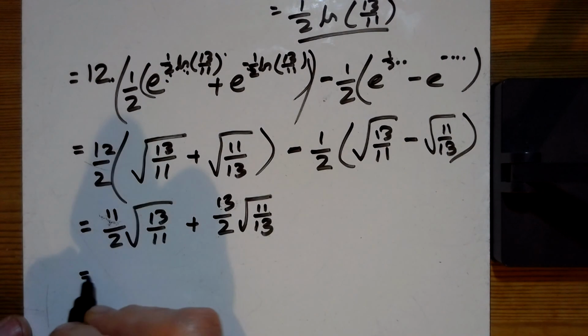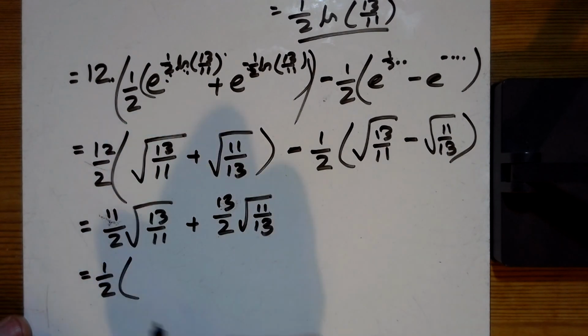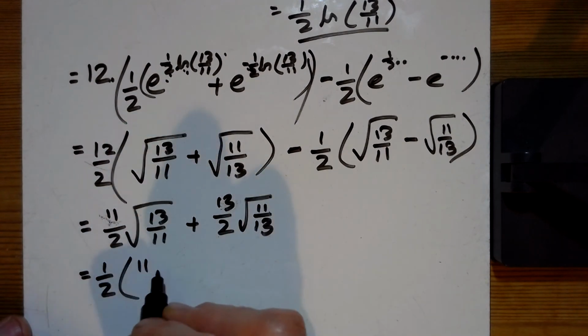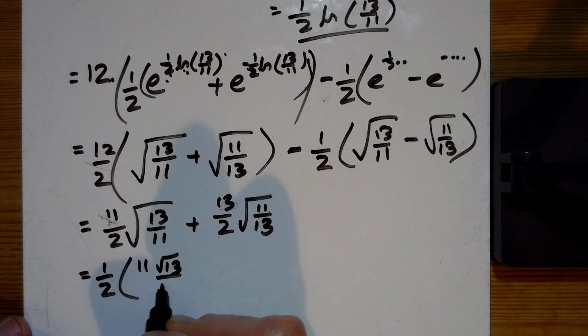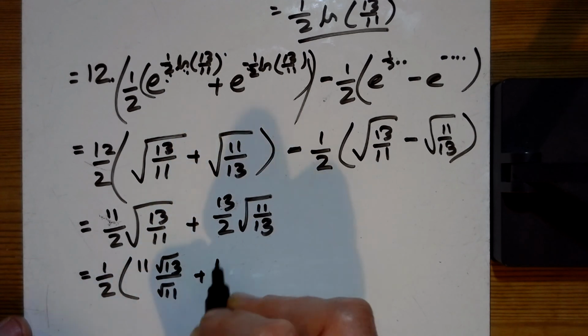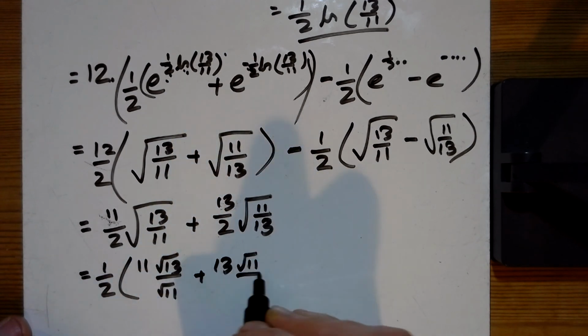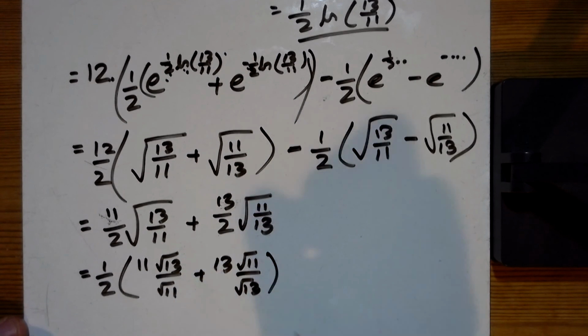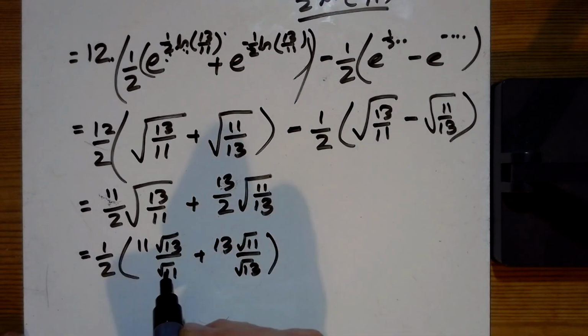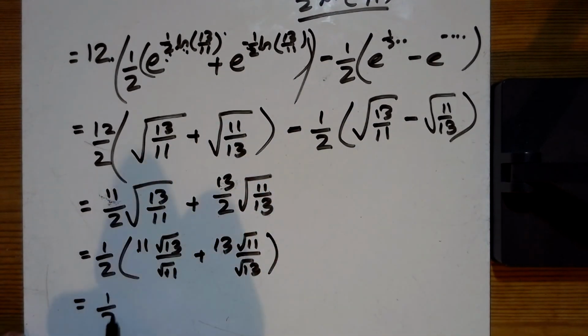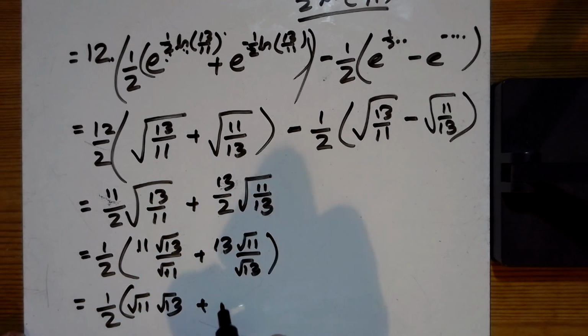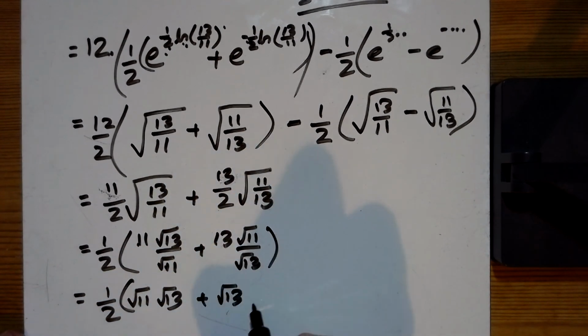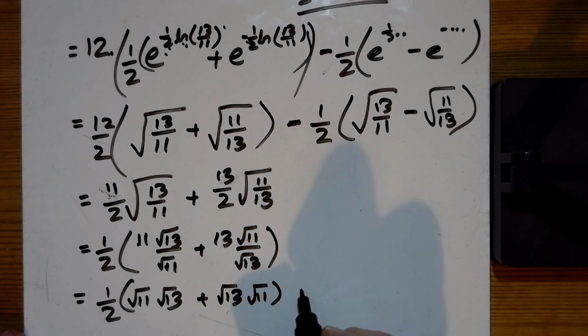Yeah, okay. Take the factor of a half out of all of this. And we've got 11 root 13 over root 11 plus 13 root 11 over root 13. Now that and that are going to cancel, leaving us with root 11 root 13 plus another root 13 root 11.